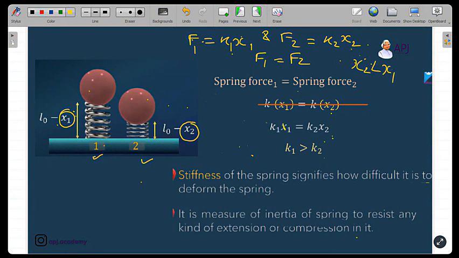So compression in spring 2 is less than compression in spring 1. You have two observations: F1 and F2 are equal, and compression in spring 2 is less than spring 1. Based on that, what can you conclude?